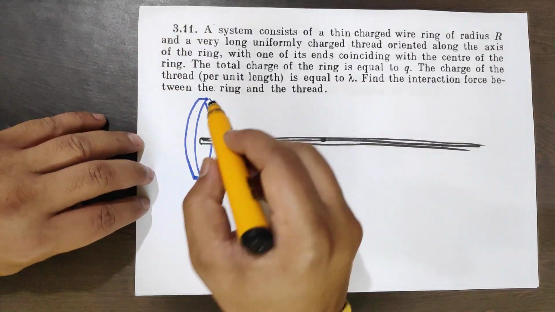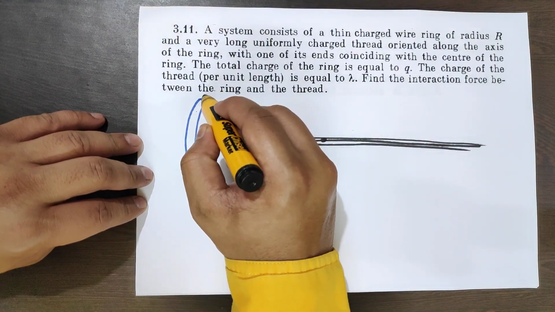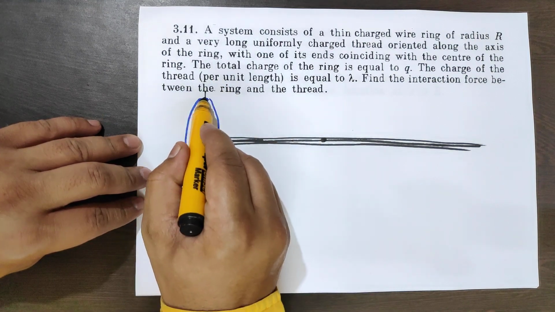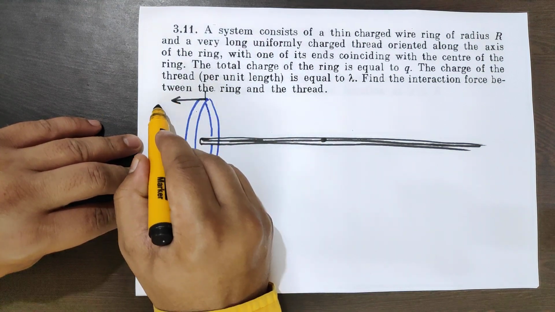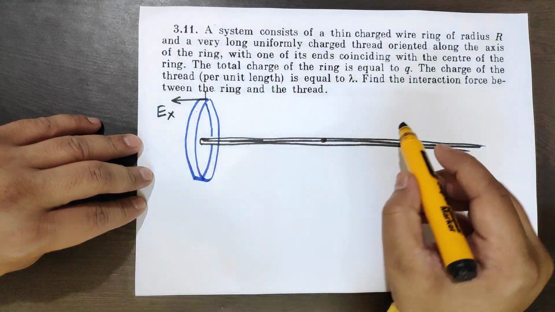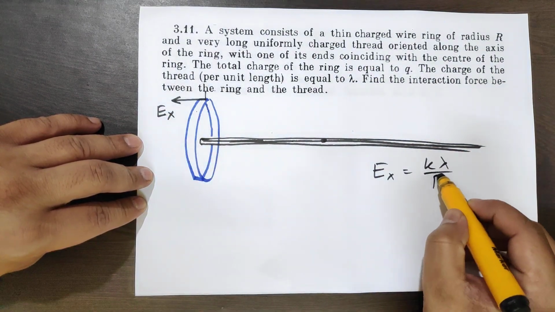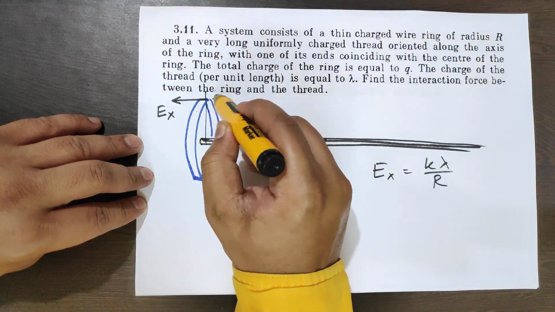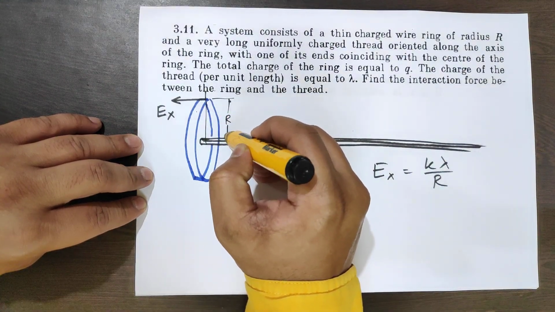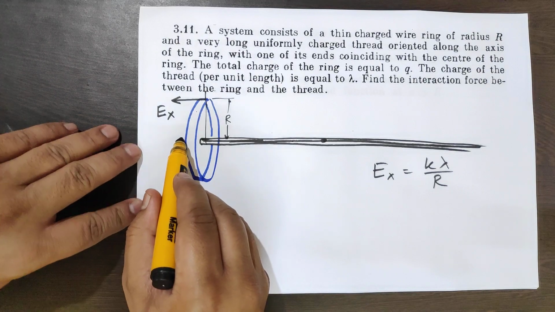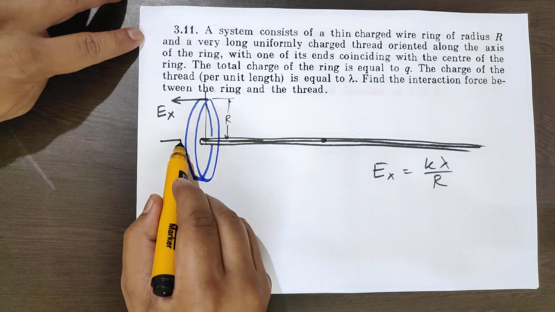So here I will use the same thing. It will have a y component here, and what matters is the x component here. So Ex is equal to k lambda by r. See, this distance is r. And so the force on the ring is this way.